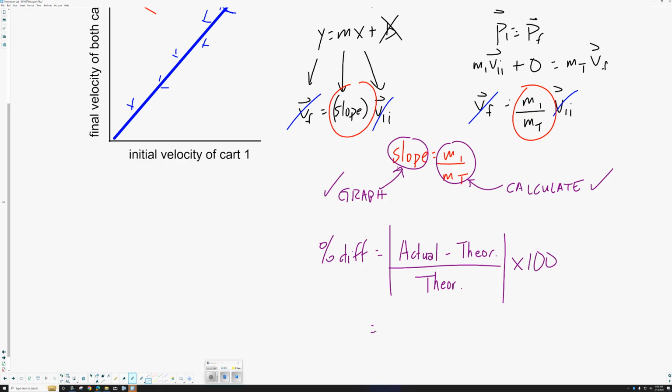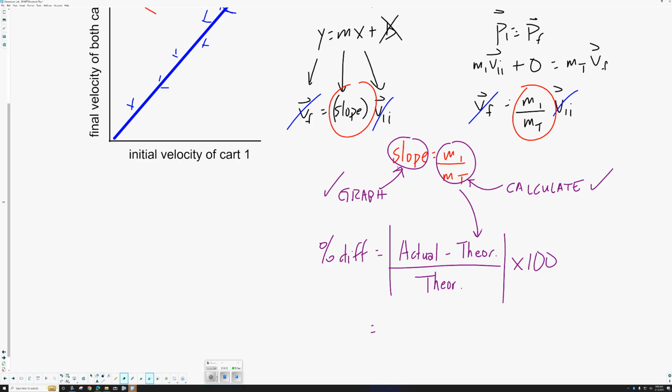Now, the theoretical value, theoretically, we should end up getting whatever, theoretically, the value is: mass 1 over mass total. Before we even did the experiment, we could have divided those two numbers, right?